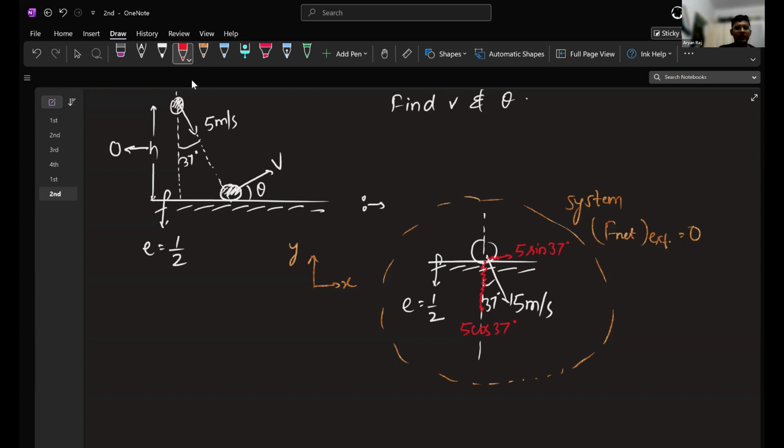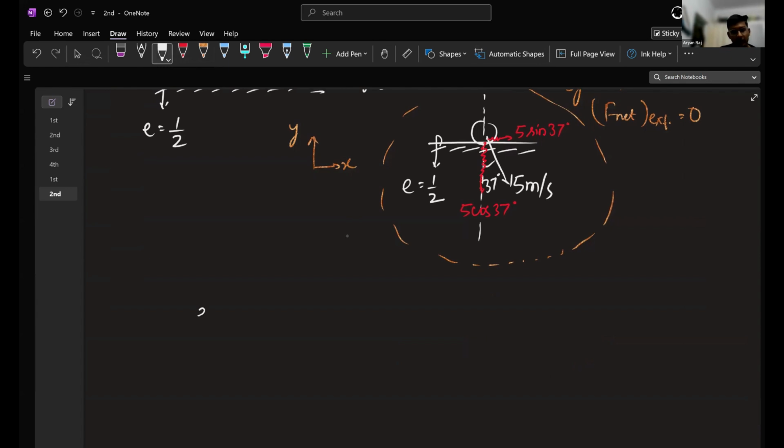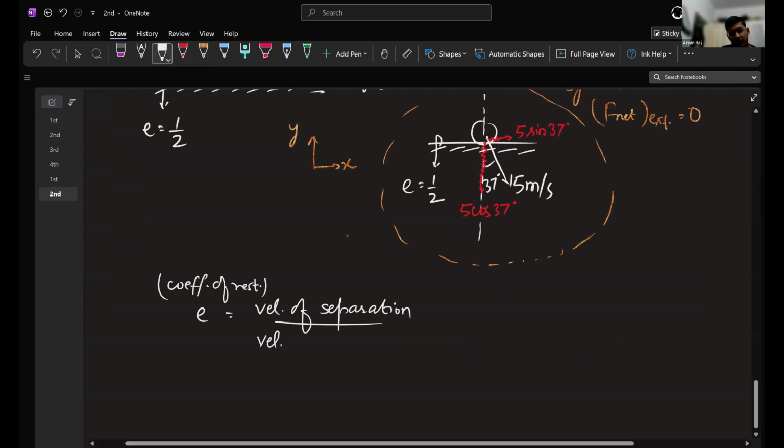Now, if you recall the formula for e, the coefficient of restitution, this is equal to the velocity of separation upon the velocity of approach.